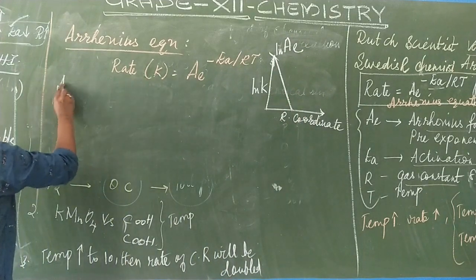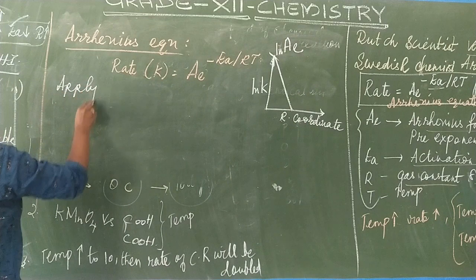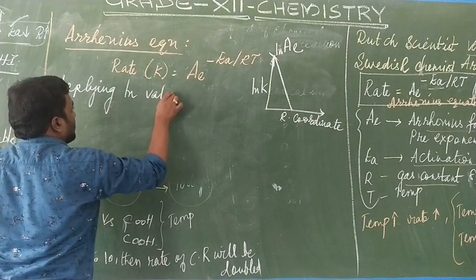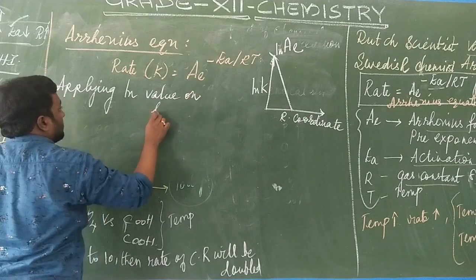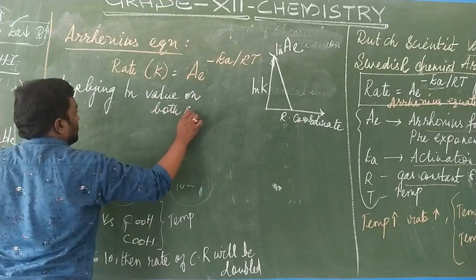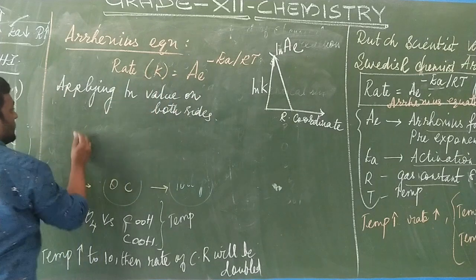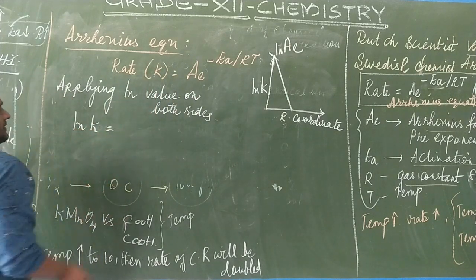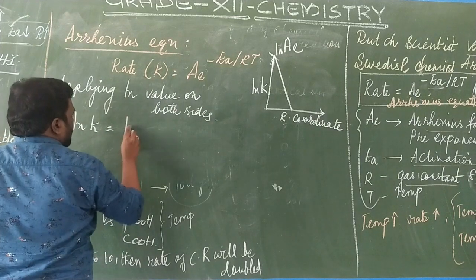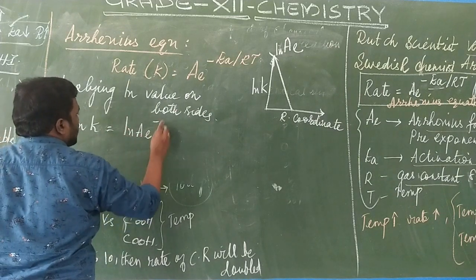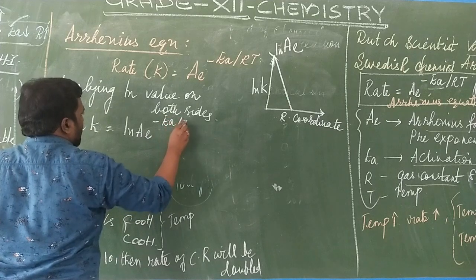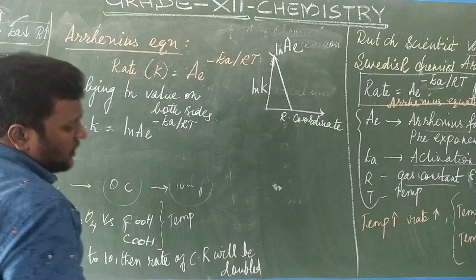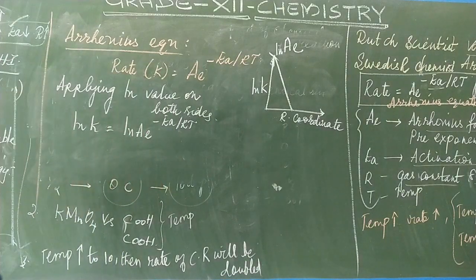I am applying ln value on both sides, அப்போ இந்த ஈக்குவேஷன் எப்படி எழுதலாம்? ln of K will be equal to, isn't it, ln of A minus Ea by RT now, isn't it? So ln of K will be equal to ln of A minus Ea by RT.